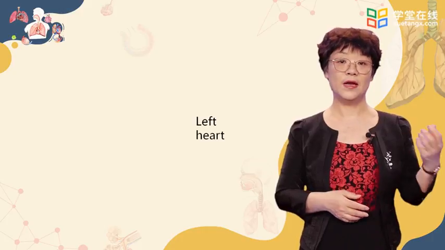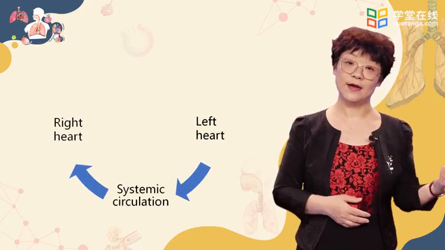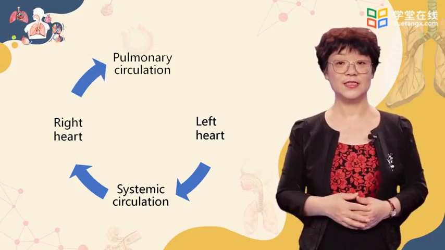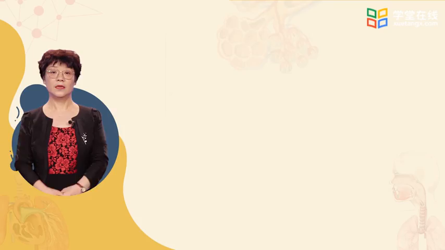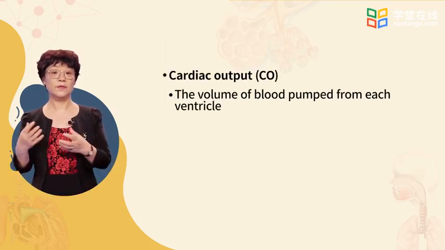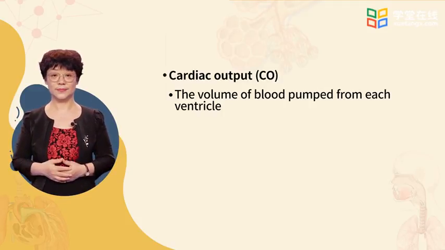The left heart and the right heart work in series so that blood is pumped sequentially from the left heart to the systemic circulation, back to the right heart, through the pulmonary circulation, and then returns to the left heart. The volume of blood pumped from each ventricle is called the cardiac output.